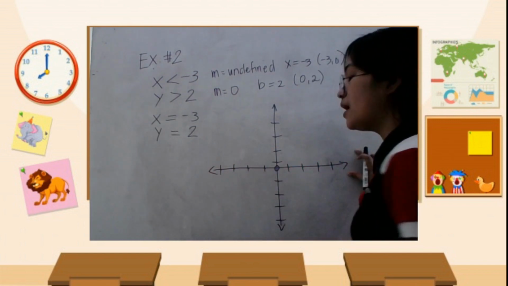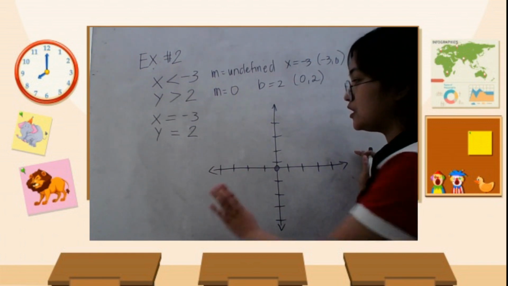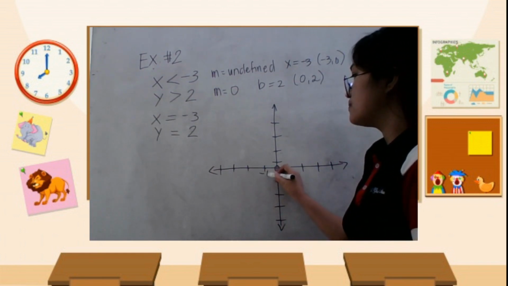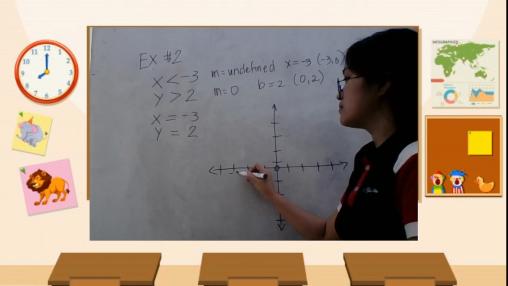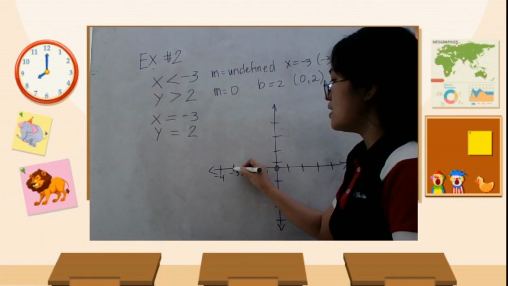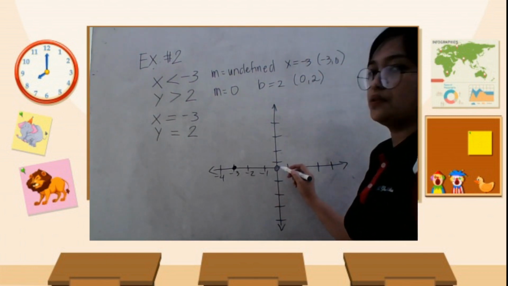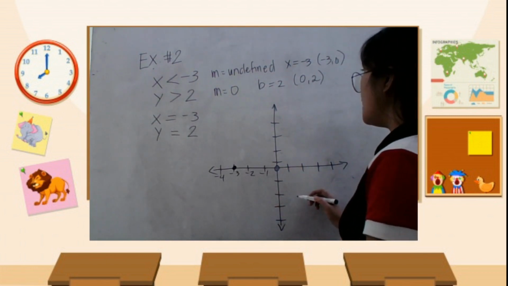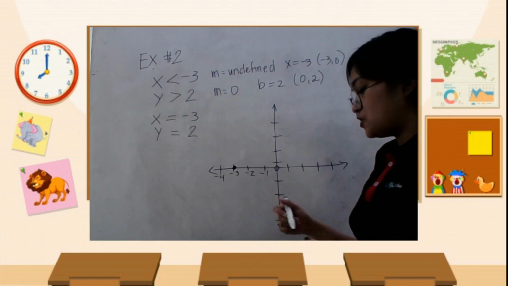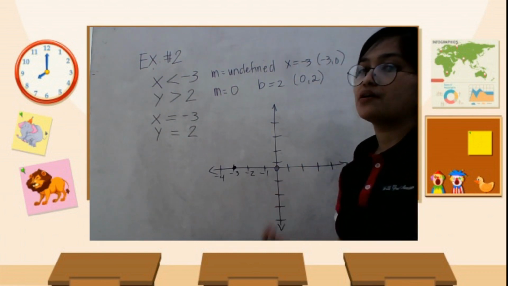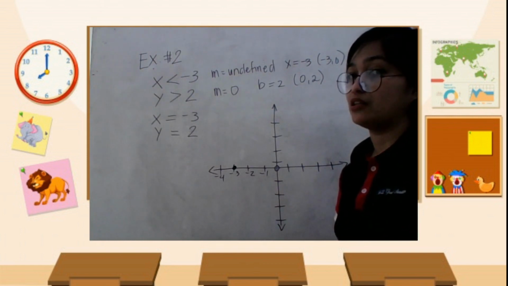At hanapin natin yung may negative. So nandito ang negative. That would be negative 3. So nandito ang ating negative 3, 0. Okay? And then, the slope is undefined. So ibig sabihin, hindi po tayo makakapag-rise and run.